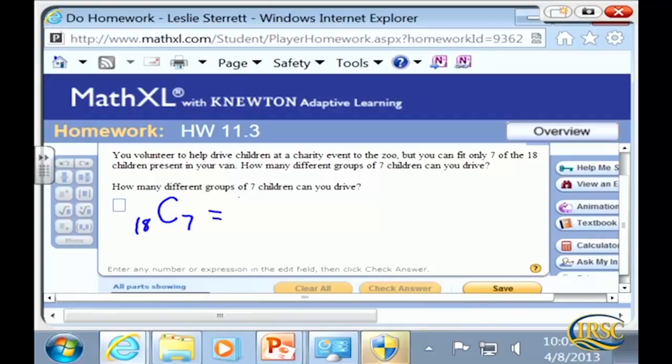Combination of 18, choose 7. So in our formula, that means we have 18 factorial over 18 minus 7 factorial, 7 factorial. What is 18 minus 7? Okay, so we have 11 factorial, 7 factorial in the denominator.